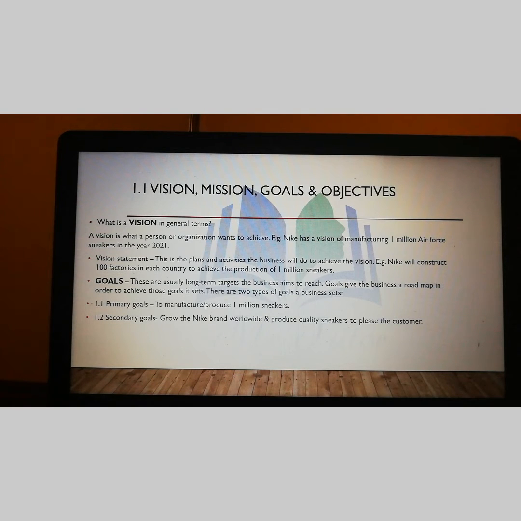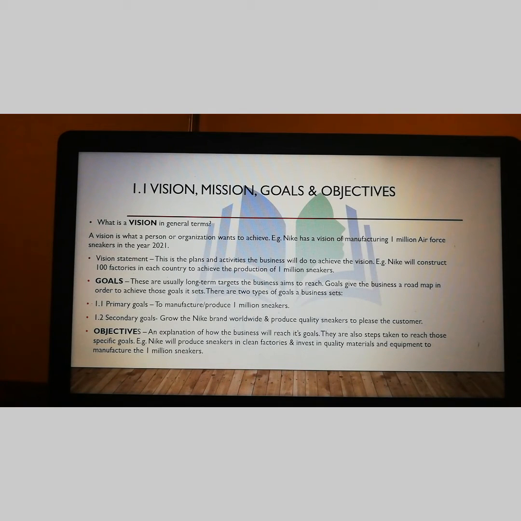Now, the secondary goals are goals which the company or the person must follow in order to achieve that primary goal, similar to a vision and vision statement generally. So a secondary goal in terms of the Nike example is to grow their brand worldwide and to produce quality sneakers that will be able to please the buying customer or the target market.